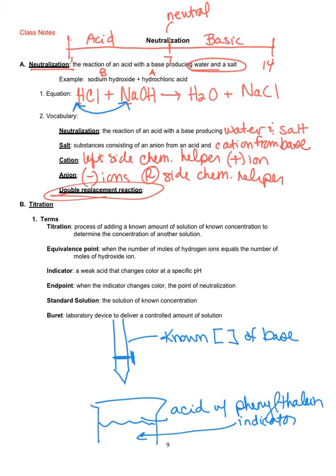So at some point, after this drop goes in there and you count it 1 by 1 by 1, something that is acidic inside of here is now going to turn over to basic because we've added so much of that base. Now in this beaker down here, we have more base than acid, and guess what? That phenolphthalein indicator is going to turn a bright pink.